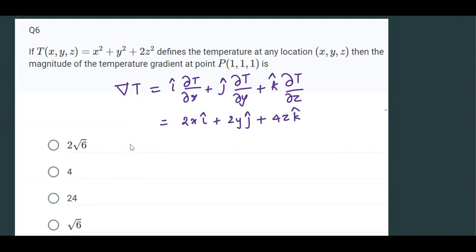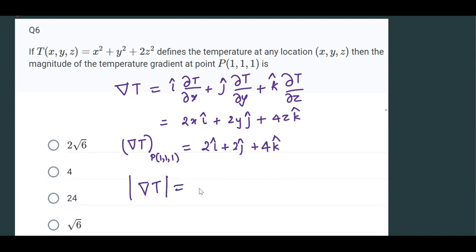Now the gradient of the temperature at P(1, 1, 1) will be 2i plus 2j plus 4k. Now the magnitude of this will be under root of 2 square plus 2 square plus 4 square. So 4 plus 4, 8, plus 16, 24, under root 24. That is 4 into 6. That is 2 root 6.